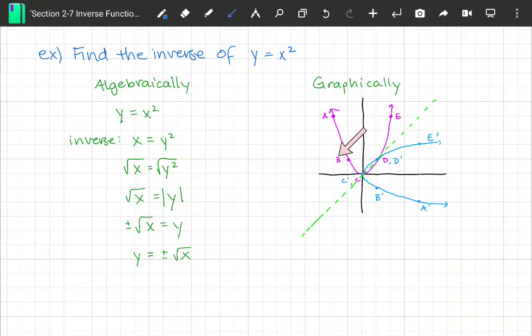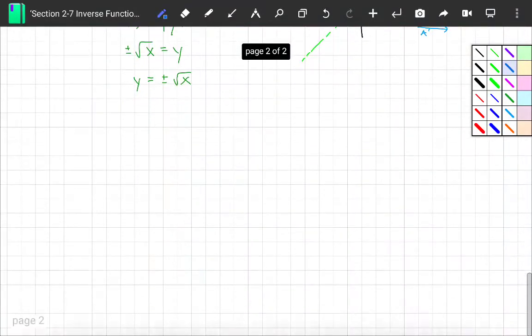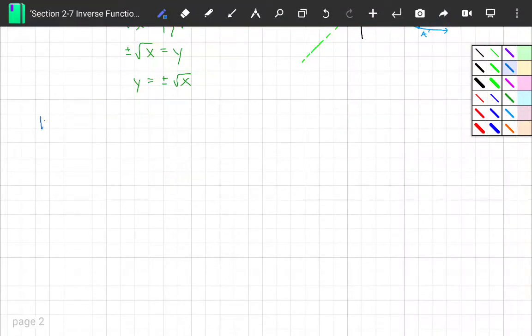Now we could see from the original pink parabola that the blue parabola was not going to be a function, even if we didn't graph the blue parabola. Let's go ahead and take a look at this. So inverses as functions. Okay, so we know, let's look at y equals x squared.